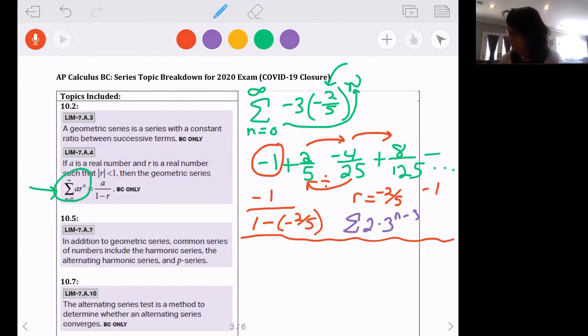Just leave it like that. And then let's do a 3 minus n. That would be better, sorry. Whoopsie. Dang it, I'm trying to activate my eraser. Sorry about that. All right, so let's do a 3 minus n.